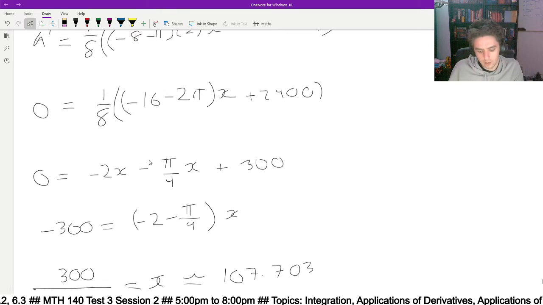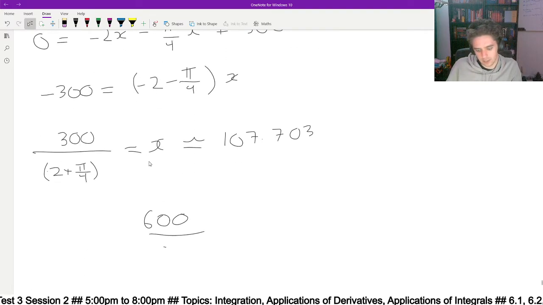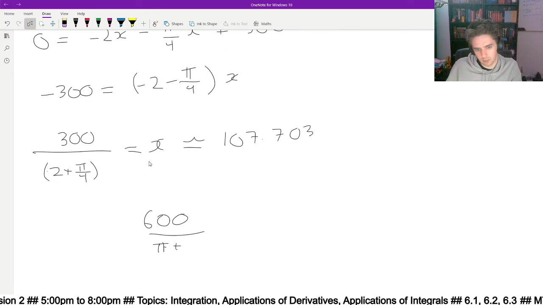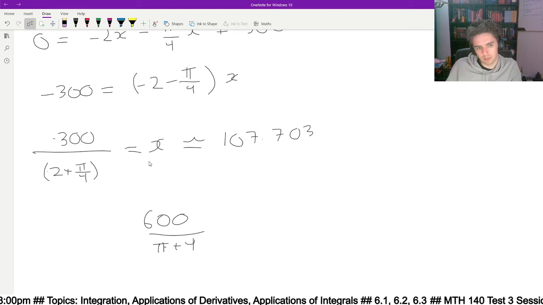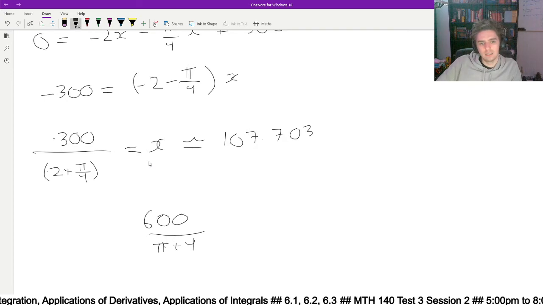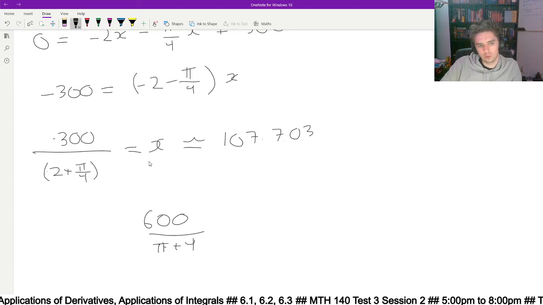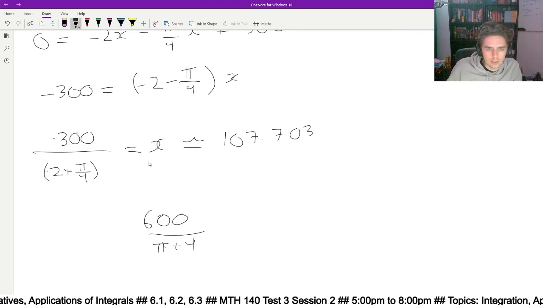So it's very close to the answer. Their answer is 600. We're not actually at the answer yet, but just looking forward a little bit, it is pi plus 4. So which is close. If I multiplied this top and bottom by 4, we would have twice as big. It would be 2 times as big. So I lost the 2 somewhere.